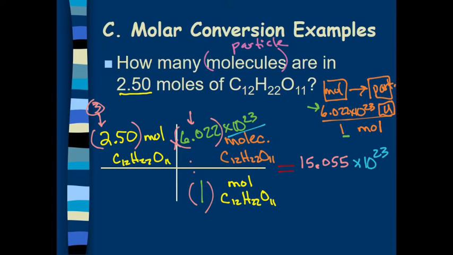It is molecules of sucrose, but we're going to go ahead and refine this down because it looks like we have to move the decimal to get it in proper scientific notation, and we're going to have to round it to the correct number of significant figures, which is 3. So let's start with the moving of the decimal.